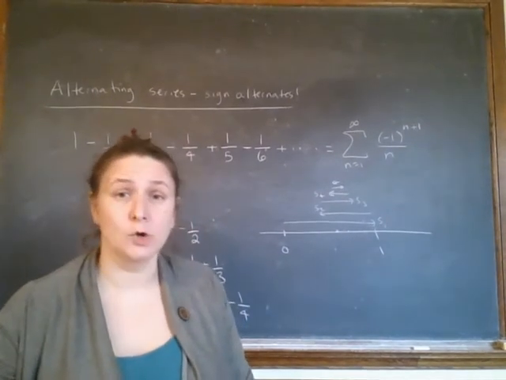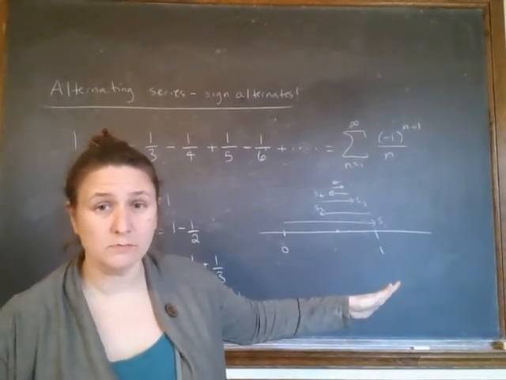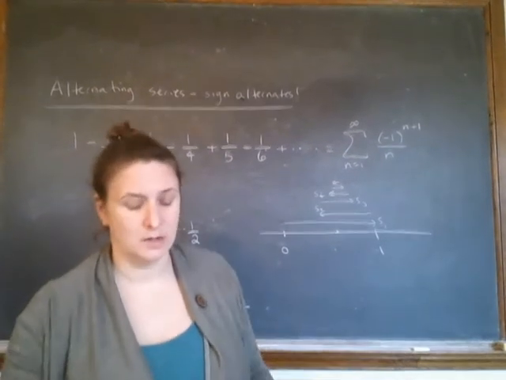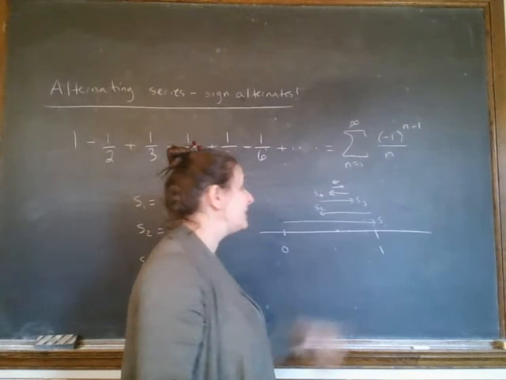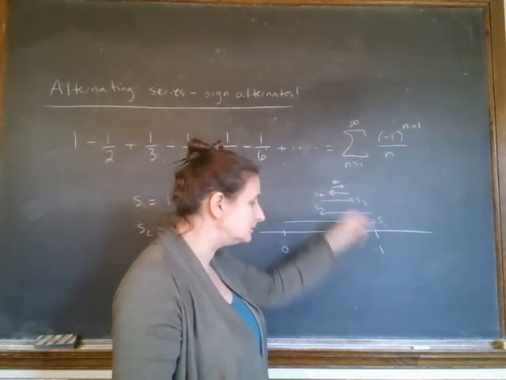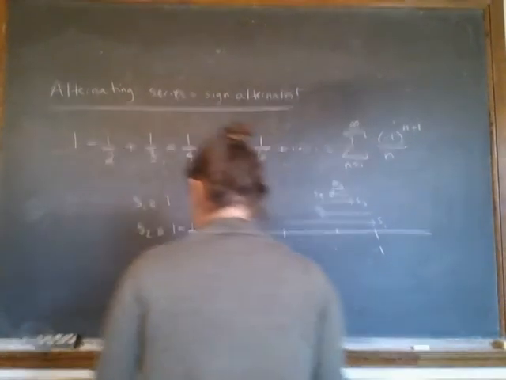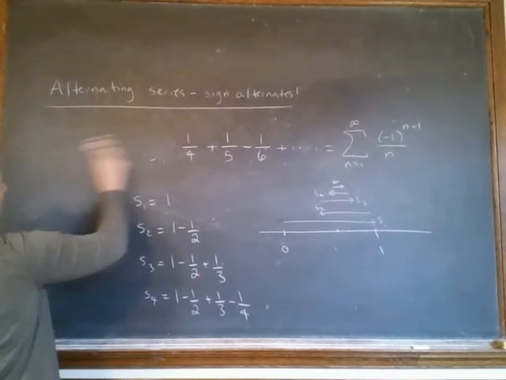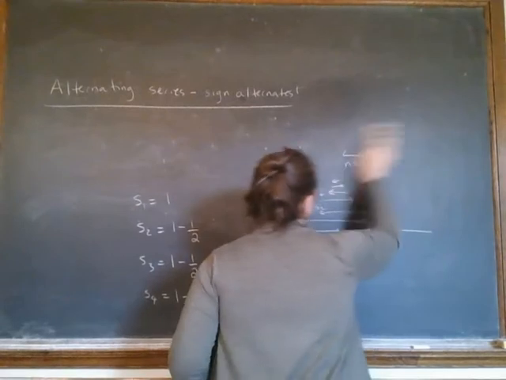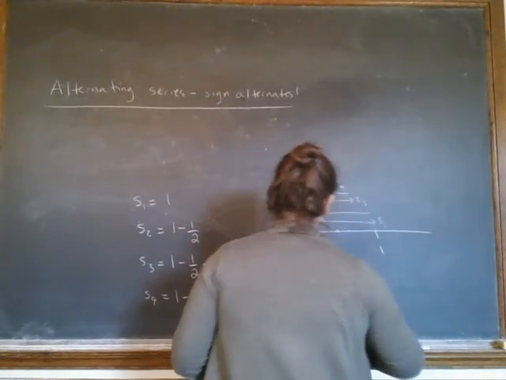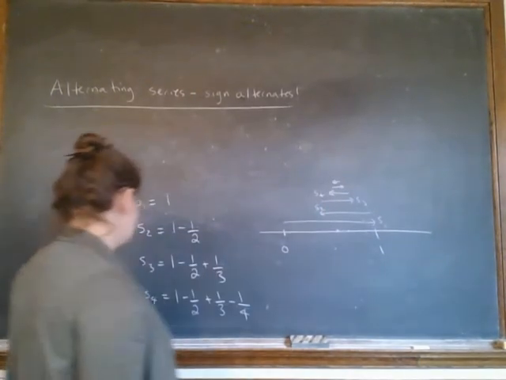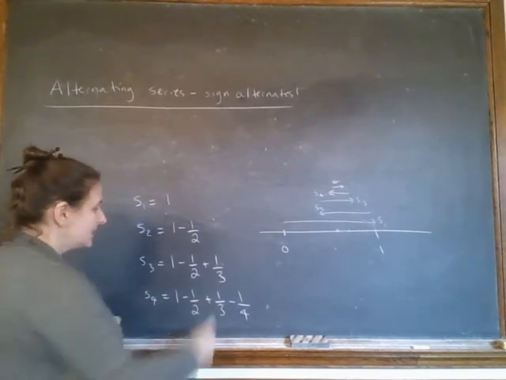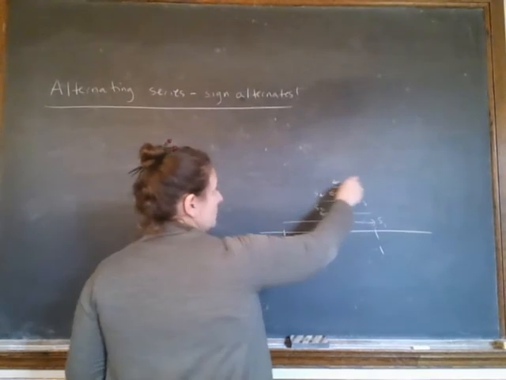Again, I'm not going to do the proof of this in generality on the board. I'll give you a link if you'd like to see it, but it's precisely this that will prove what we need to show for an alternating series to converge. And basically, you can imagine that this alternating harmonic series is going to converge because each time I'm moving less.